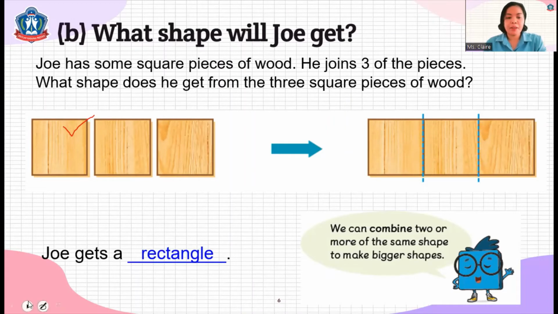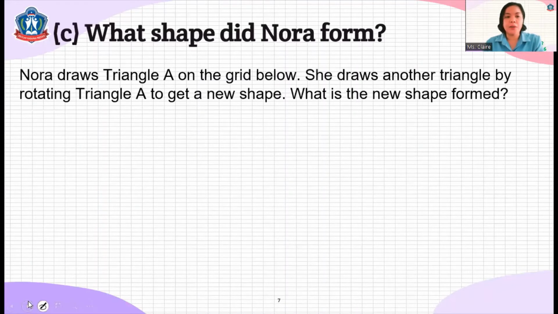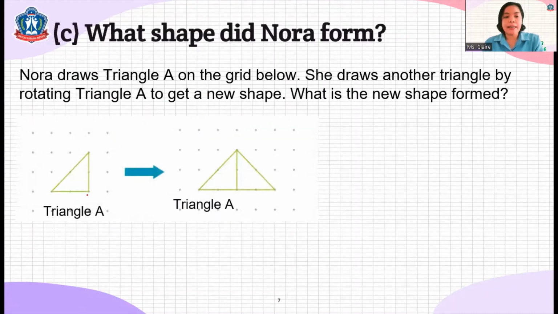Let's continue. What shape did Nora form? Nora draws triangle A on the grid below. She draws another triangle by rotating triangle A to get a new shape. What is the new shape formed? This is triangle A. She rotates this triangle to get a new shape like this.